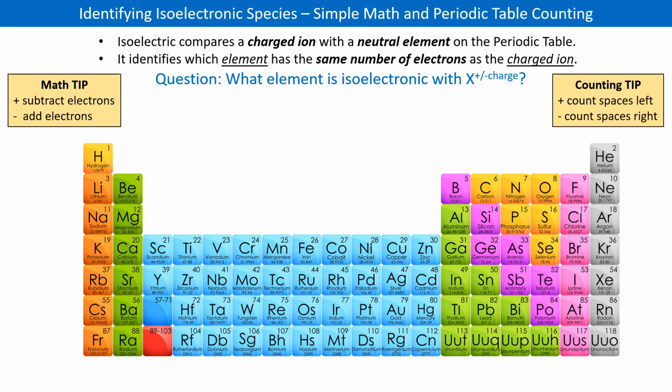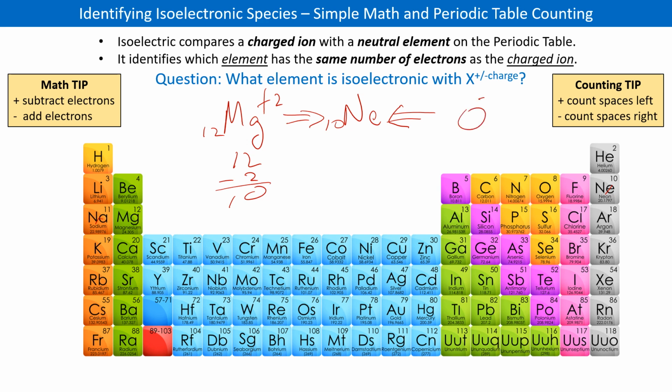In a similar fashion, if we take magnesium, which most tend to remember has a +2, we count over two spaces. We also get neon, because we start with magnesium, which is 12, and subtract 2, and we get 10, which also is what happened when we took oxygen -2, because we had 8 and added 2 and got 10.